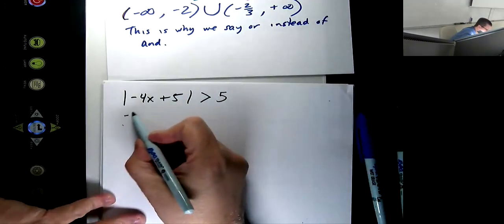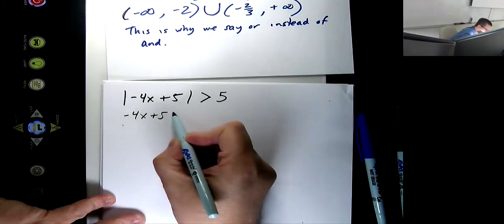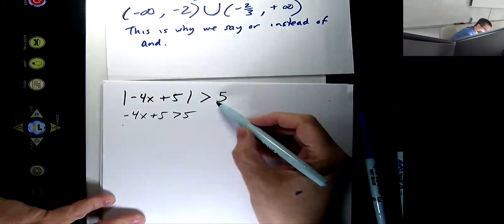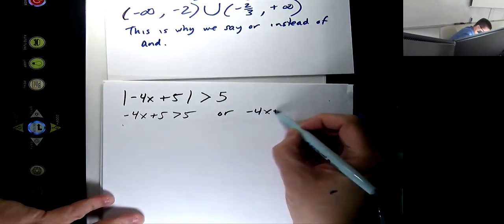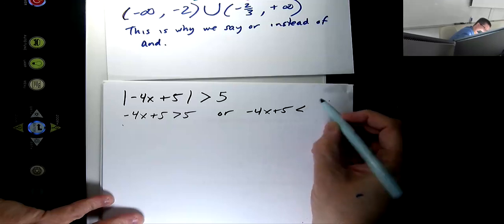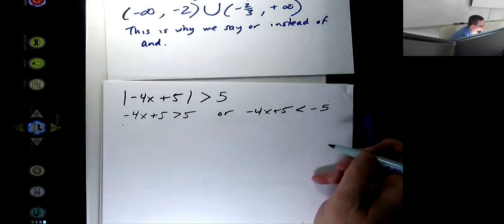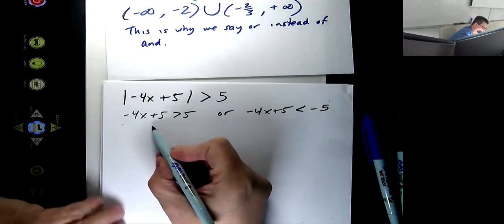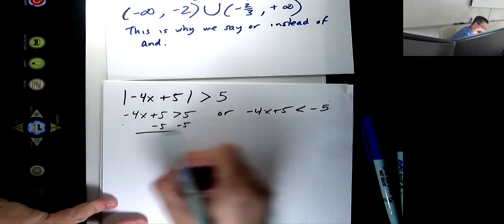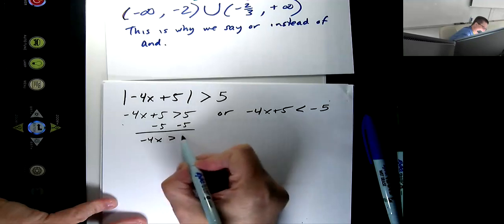Alright, so we got negative 4x plus 5 is greater than 5. Flip the sign to make the number negative. Subtract 5 from both sides, and I get negative 4x is greater than 0.